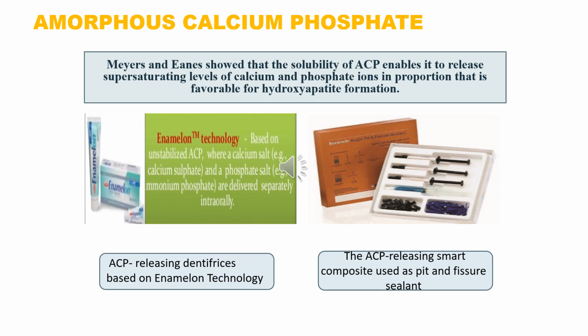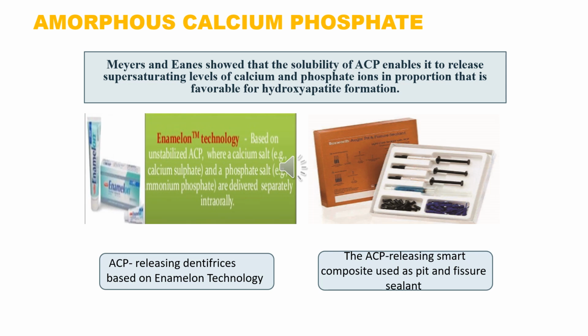First one is the ACP CPP complex. This was introduced by Mayers and Innes, and it showed that the solubility of this ACP enables it to release supersaturating levels of calcium and phosphate ions. These are in proportion that is favorable for hydroxyapatite formation.